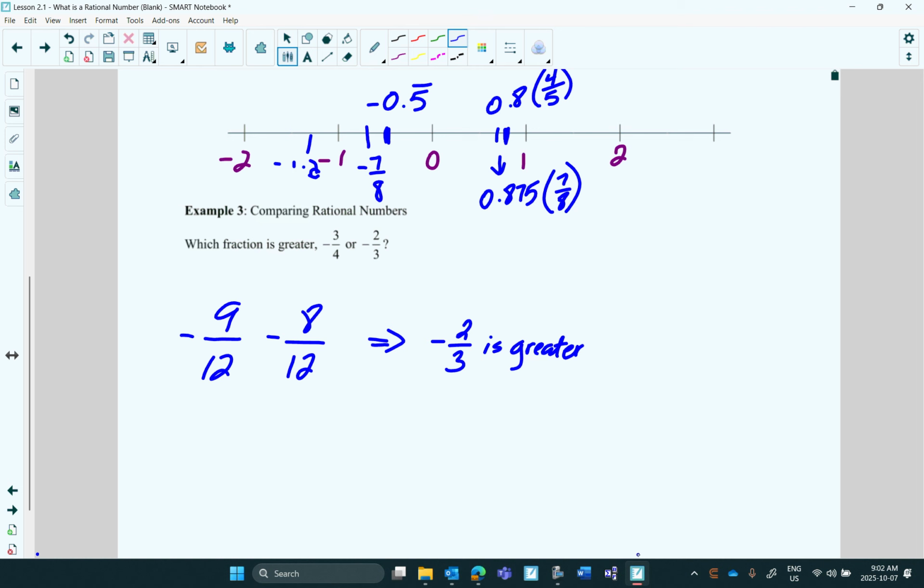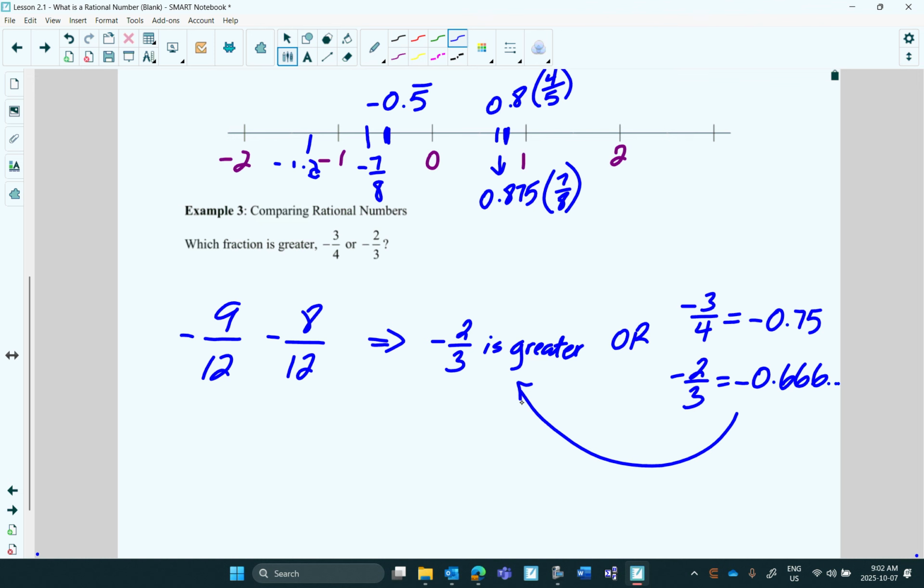Or just change it to decimal and compare them. That's just as correct. So this is bigger in the positives, but it's smaller in the negatives. So that would be the answer again.